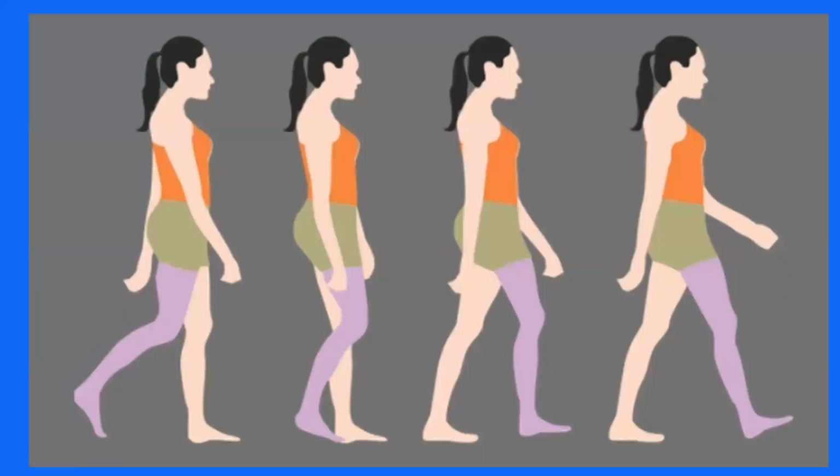In addition, you should never forget the gait of the patient. You should be able to tell the difference between a stance phase and a swing phase. You should know that the stance phase is longer than the swing phase. The stance phase is 60%, while the swing phase is 40%.